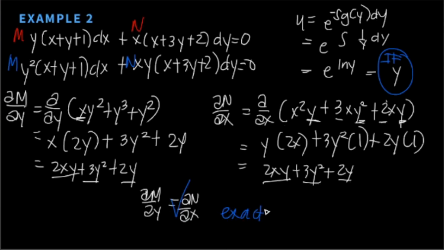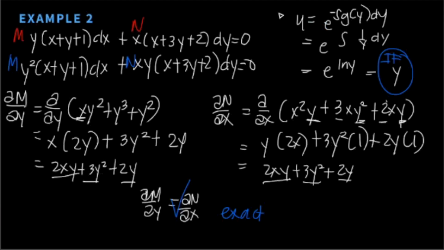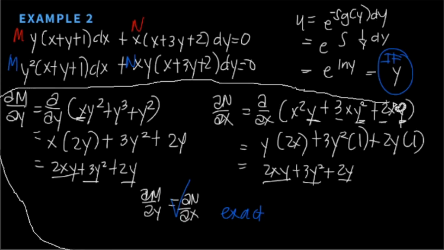So, we can proceed na sa step 5. Sabi sa step 5, kapag exact na yung equation, proceed na tayo sa pag-solve using steps in solving exact equation. So, we'll just treat it as normal lang na exact equation. So, yan. Proceed tayo. Release ko lang to.